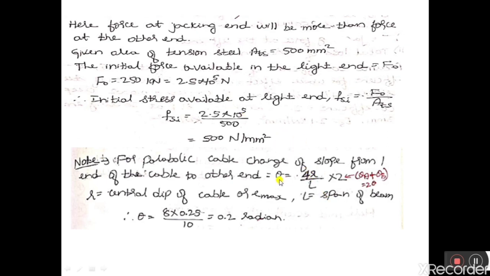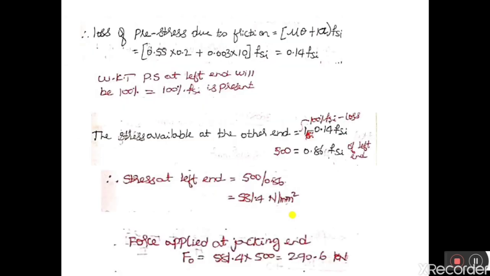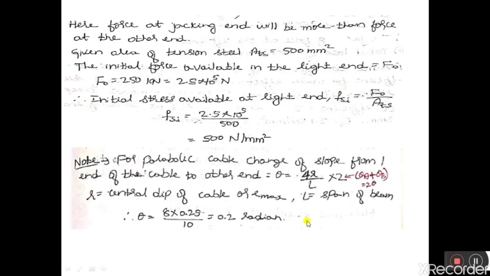So theta is equal to slope into 2. By simplifying this, theta is equal to 8 into r, that is 250 millimeter, 0.25 in terms of meter, divided by 10. That gives us 0.2 radian. So theta is equal to 0.2 radian, and L is equal to X.